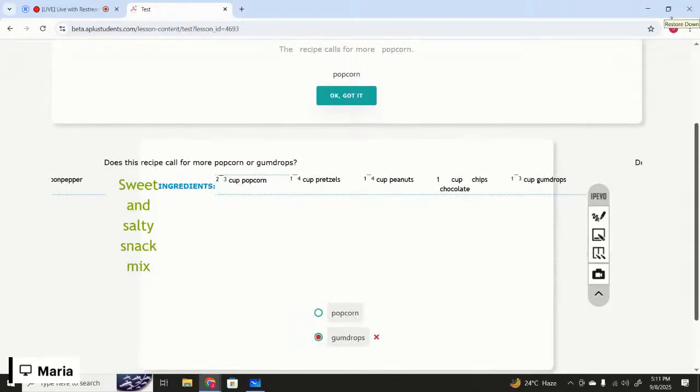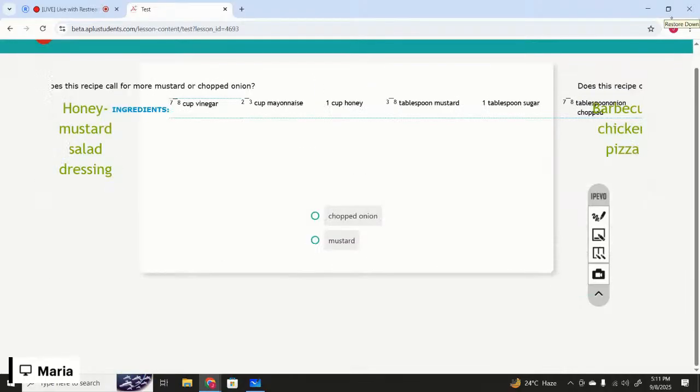For more popcorn, I selected more popcorn. Oh, I selected gumdrops.